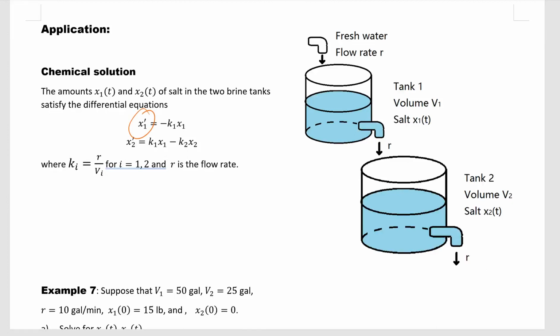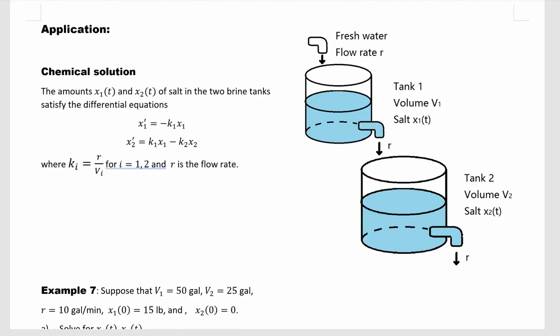When water flows in you get more water but not more salt, but when the solution flows out you lose some salt, so you get a negative. The amount you lose is proportional to the amount of salt in the tank. The proportion is the rate of liquid you lose over the volume of the tank, so k1 is r over V1. That's the amount of salt you lose.